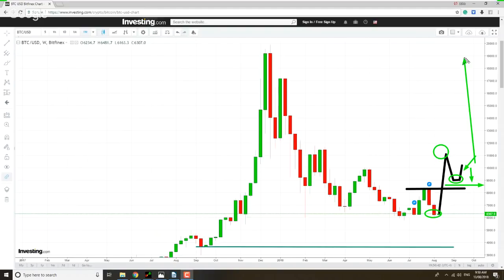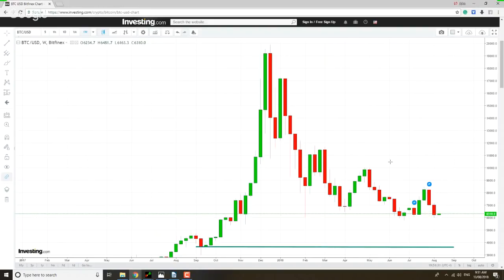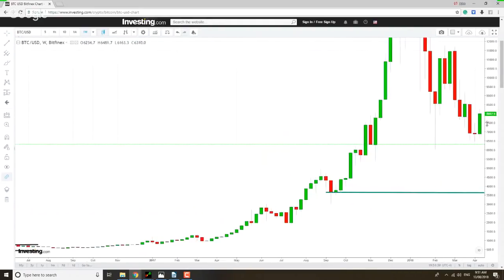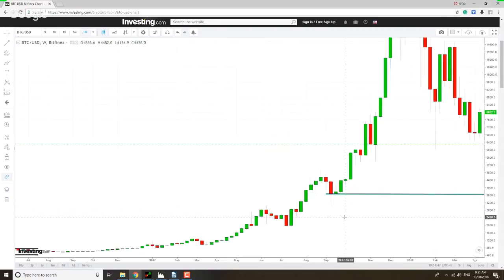And then again, I use my stop management, or I might just use the low of the bar, which simply means, let me bring this back here. If you know the Bitcoin chart, you could use the low of the bar.